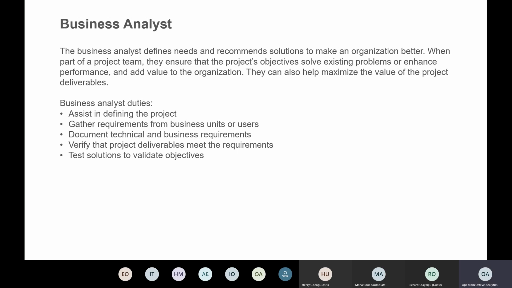So the business analyst is a technical person who as well understands business requirements, and that's why the word business analyst. So most times meetings are scheduled with business analysts and project managers so as to relate business needs into data products, right?